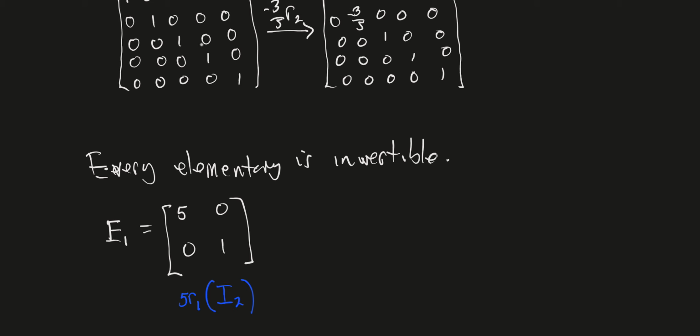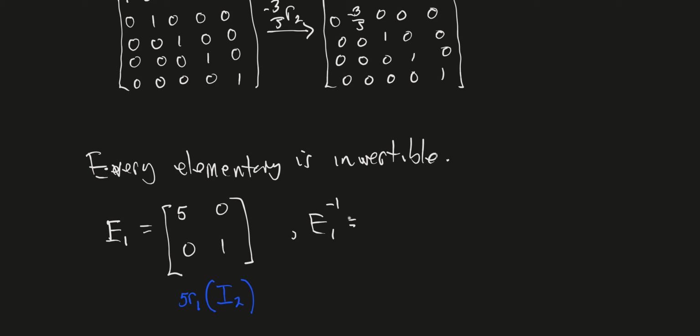But let's see if we can just write down what its inverse would be. E1 inverse, well, that would be the operation that would take E1 and turn it into the identity matrix. So I would have to undo this operation. Well, if I want to go back and get a 1 here, I would have to take the reciprocal of this constant.